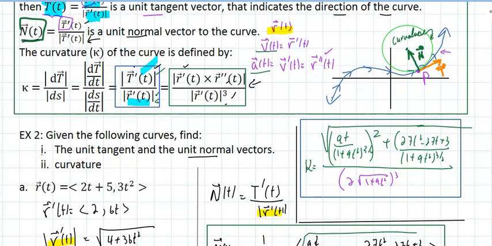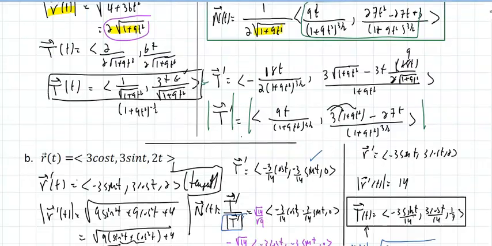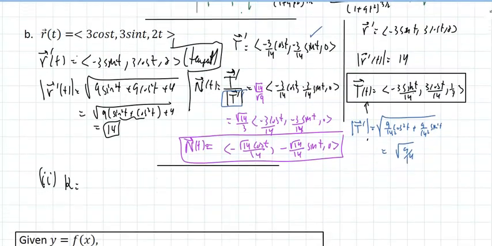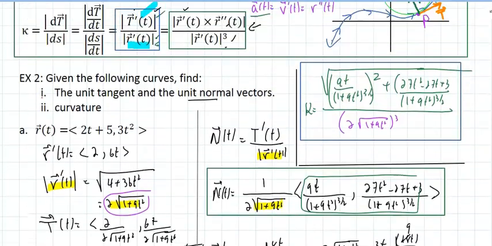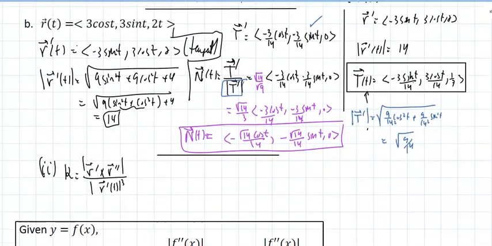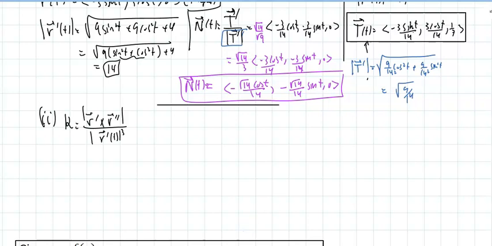So I could say, you know what, let me go ahead and figure out r prime crossed with r double prime divided by the magnitude of r prime cubed, right? I'm just looking if I copied it right. Yes, I did. So that's going to be the cross product. Again, I have plenty of space. Let me do that. So if I take r prime, that would be what?